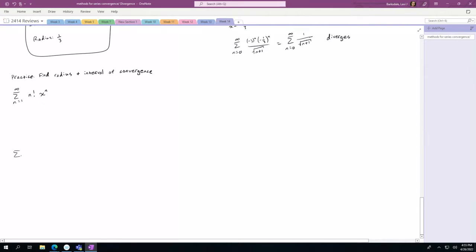And after that, if you have time, do x to the n divided by n factorial.